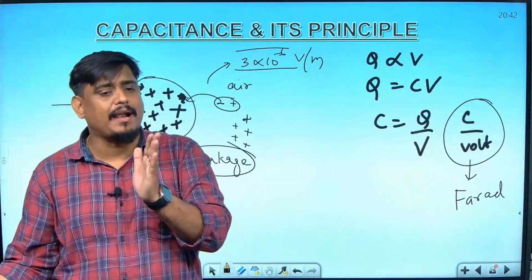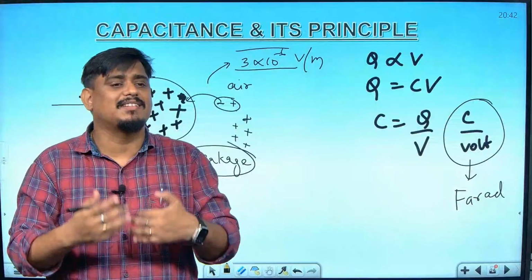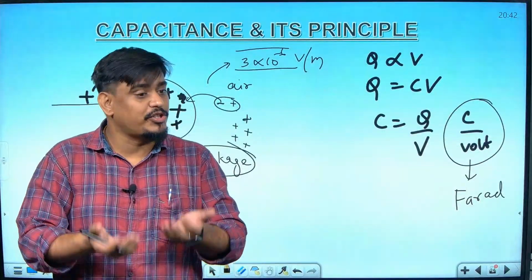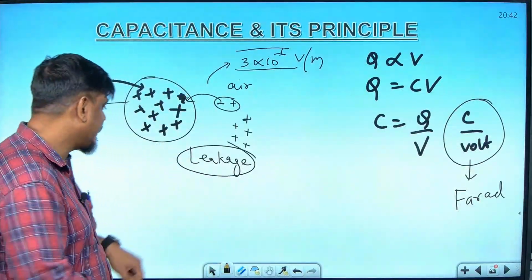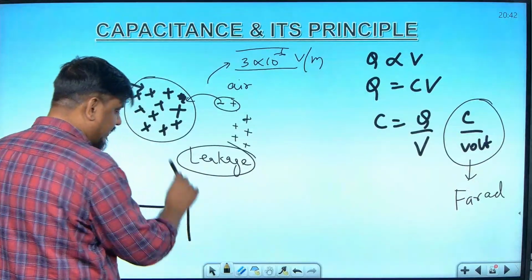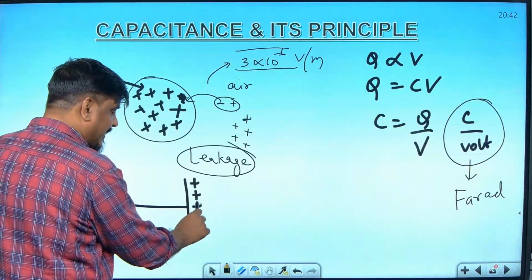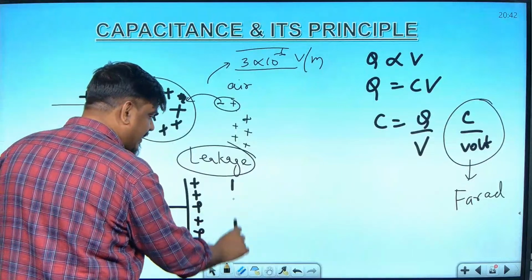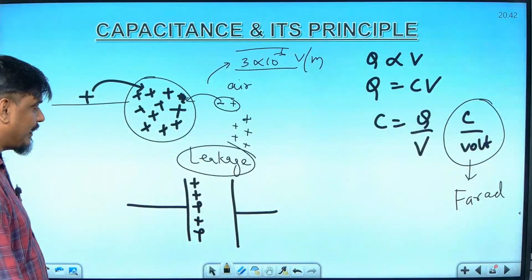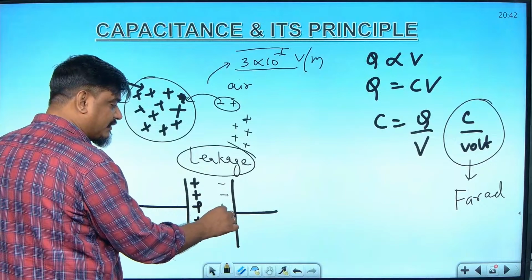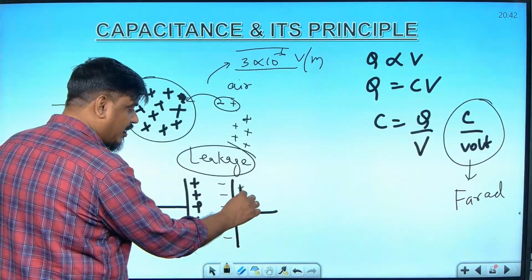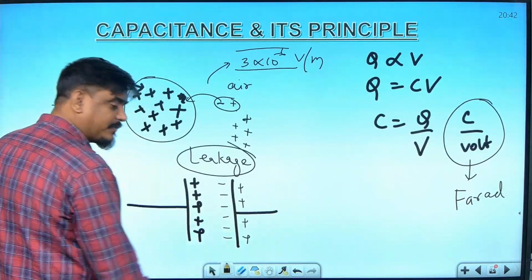If you bring a parallel plate near to it, its capacitance will increase because the potential reduces. Understand that if you have a positively charged plate and in front of it I bring a neutral plate, the neutral plate will have induced negative charge here and positive charge away from it, isn't it?